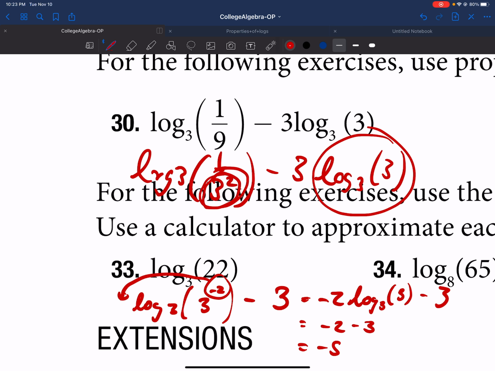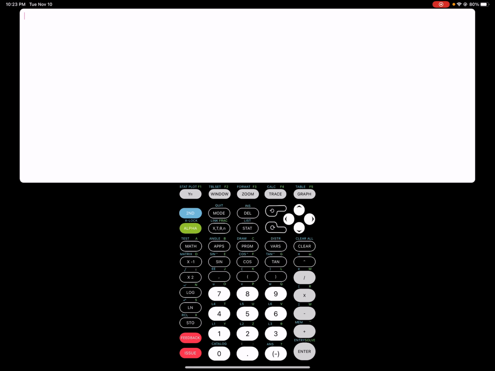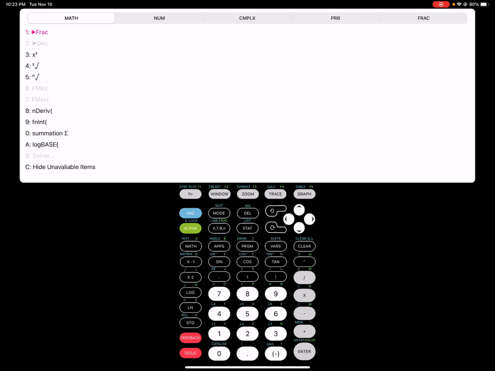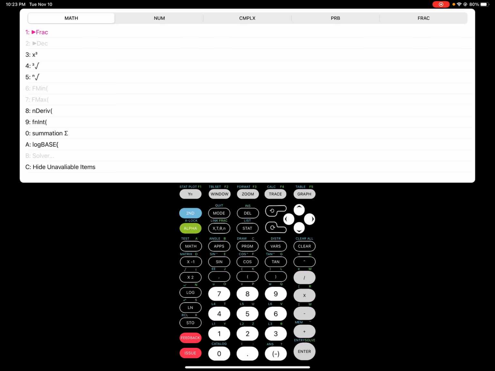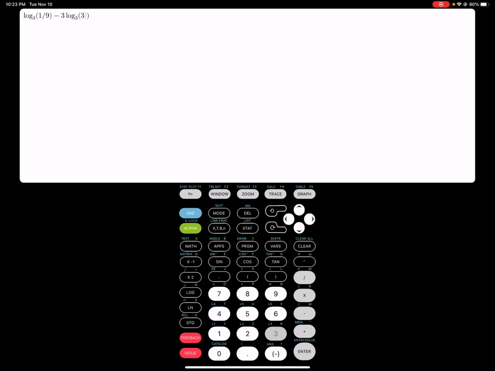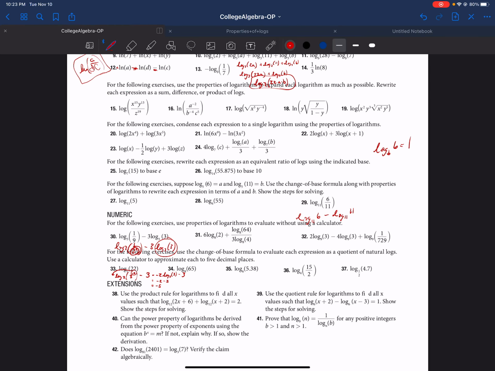It's negative 5. So I can show you that. Answer, it's negative 5. So we could figure that out just using those properties.